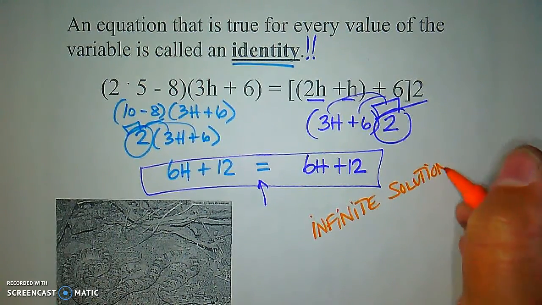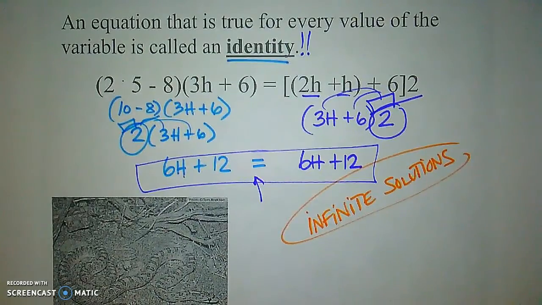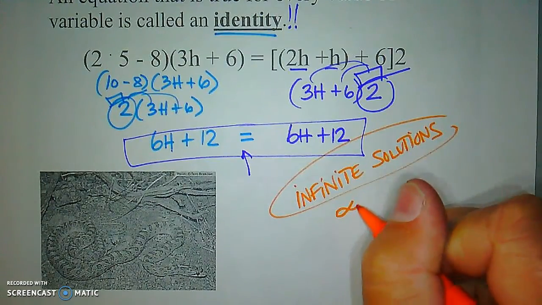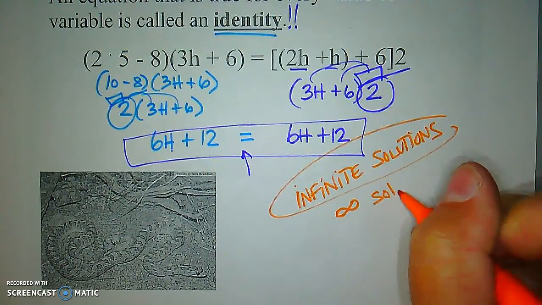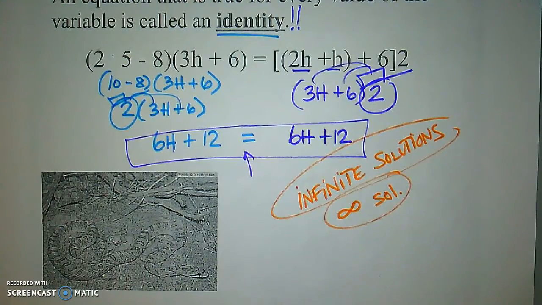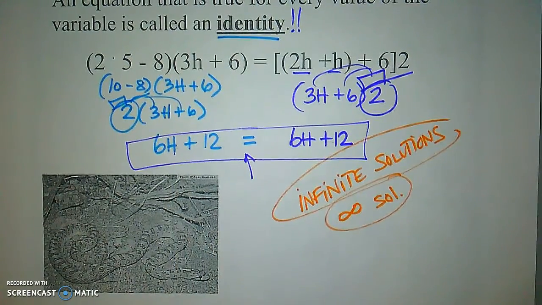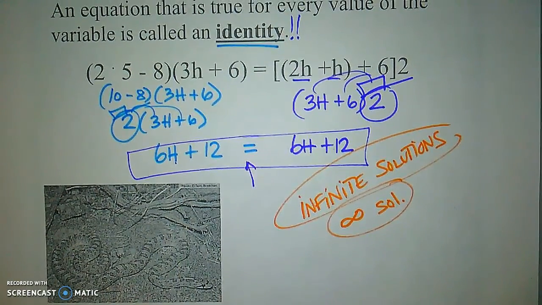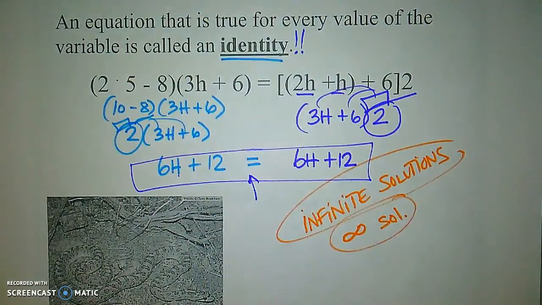Infinite solutions. And so that's what your answer would be. Or you could write the infinity symbol and solutions. Either one of those is an acceptable answer when you've got the same thing on both sides of the equation. That's an identity.